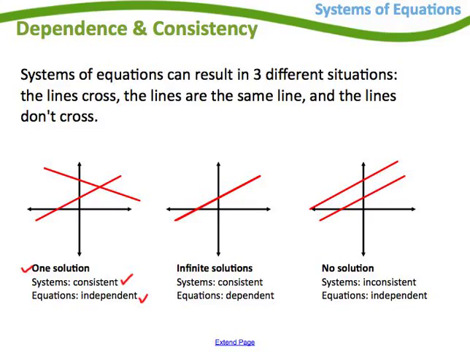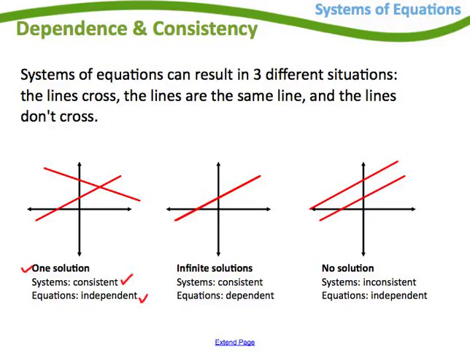And in this case, there would be an infinite number of solutions because every point along there is a solution, because they are touching each other there. We still call the system consistent because there's a solution, but in this case, we call the equations dependent, like each one of them sort of depends on the other one, but they're basically the same line.